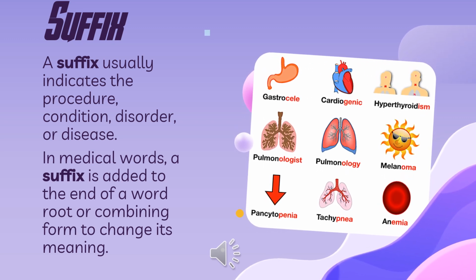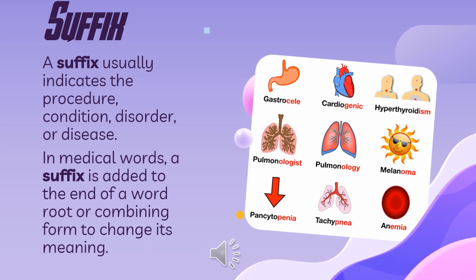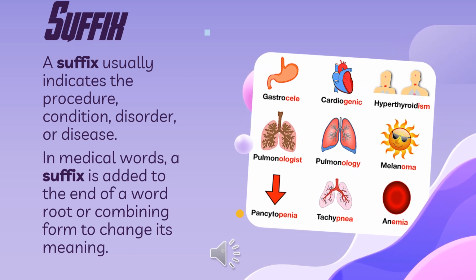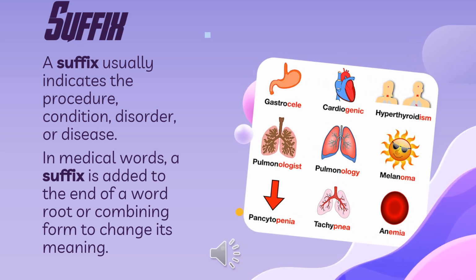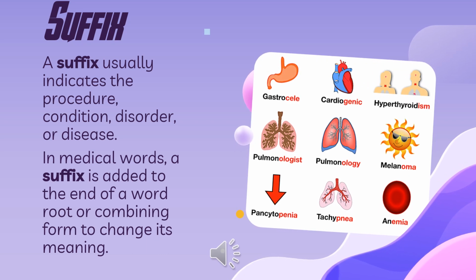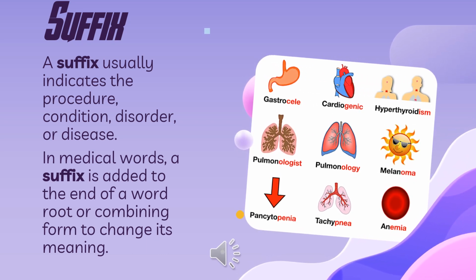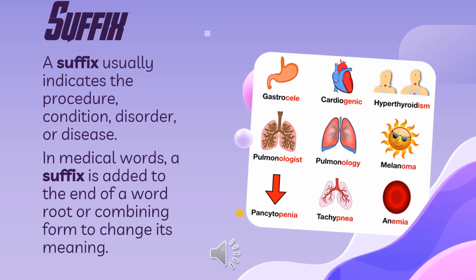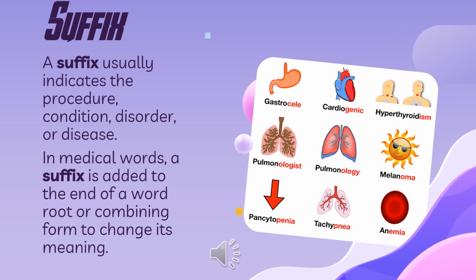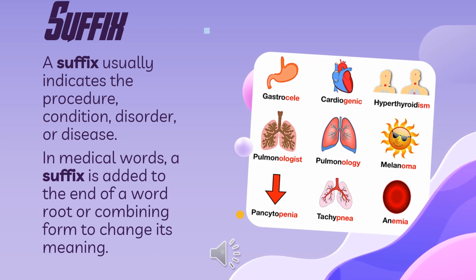In medical words, a suffix is added to the end of the word root or combining form to change its meaning. As we can see here, we have pulmonologist and pulmonology, both having the same combining form, pulmon, meaning lungs, but different suffixes, ologist and ology. Ologist means the person who is an expert or a specialist in that specific field, while ology refers to a broader study of a science field.